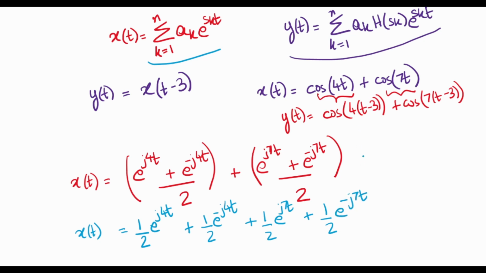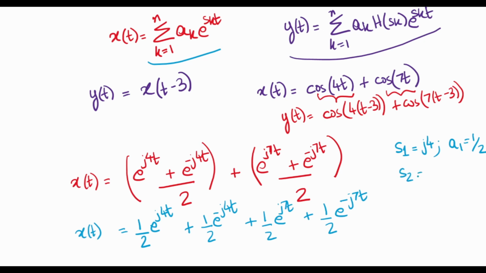So from here I can see that I have 4 frequencies in my system where S1 is equal to j4 and the coefficient A1 associated with S1 is half.